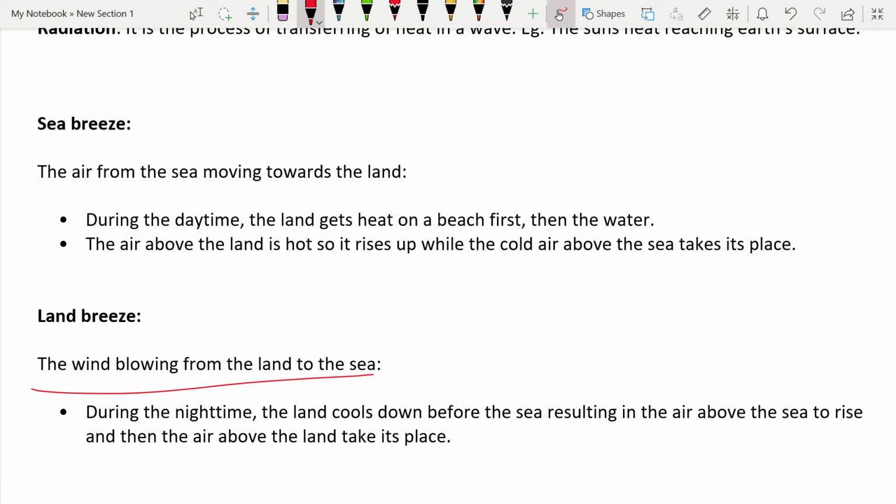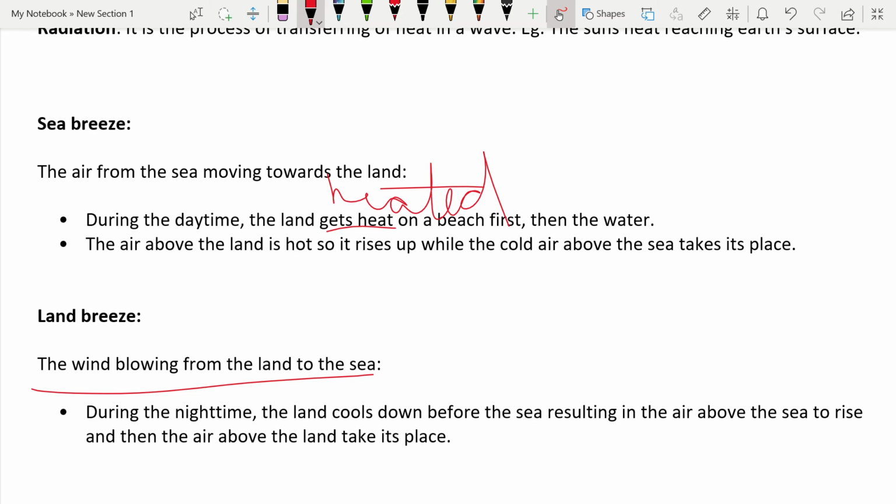In the sea breeze, during the daytime, the land on a beach gets heated first, then the water, because land can heat up really quickly, and the water takes a little bit of time to heat up. Then the air above the land is so hot that it rises up while the cold air from the sea takes its place. So that's how the sea breeze works.